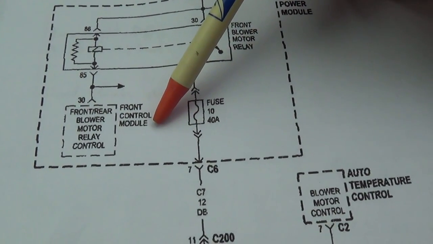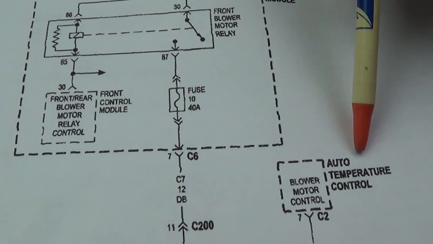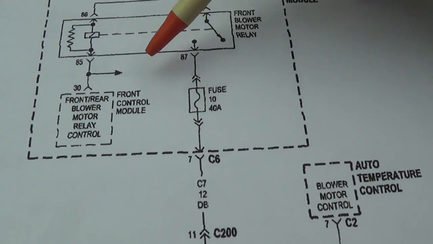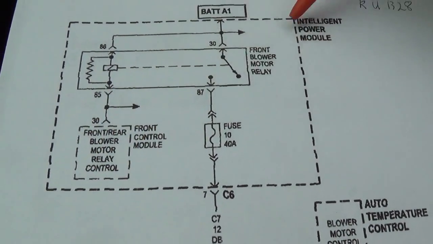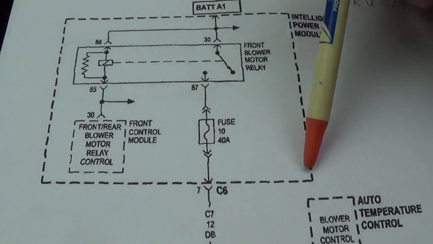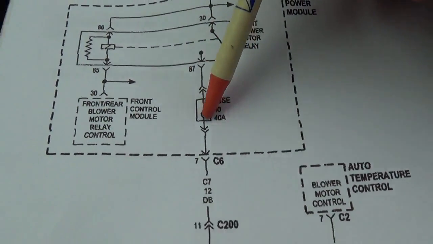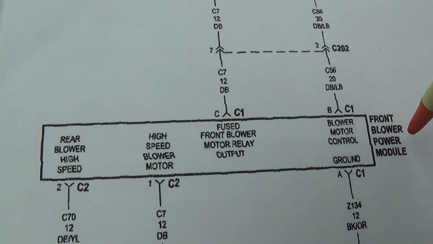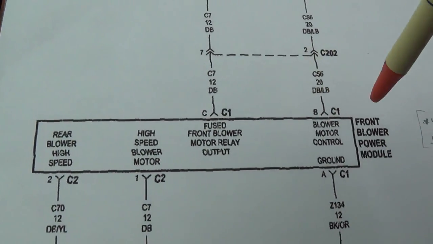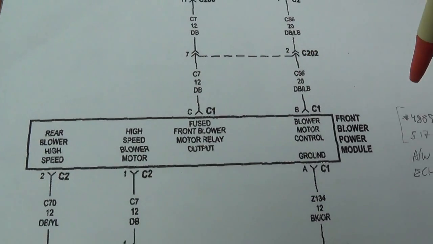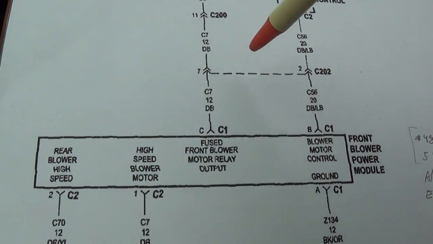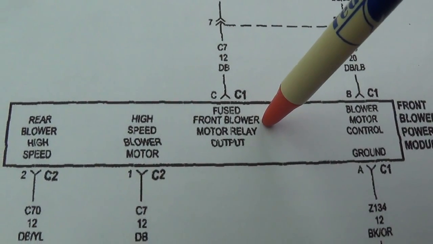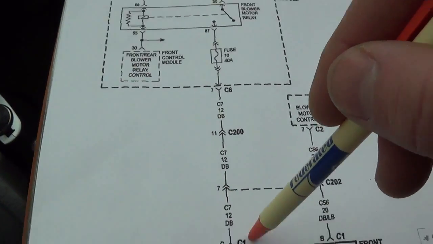I don't quite know if that's the same as the auto temperature control. Supposedly it's inside the IPM, so maybe it's not. But anyways, we go through a fuse down here. This is our front blower power module, so this is kind of instead of a smart resistor board. So anyways, we have a fused motor relay output. Let's just say that's the feed.